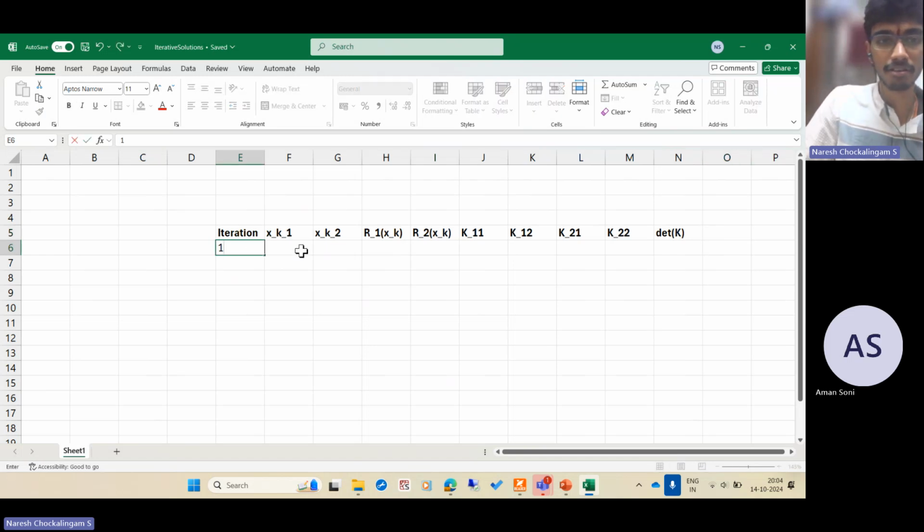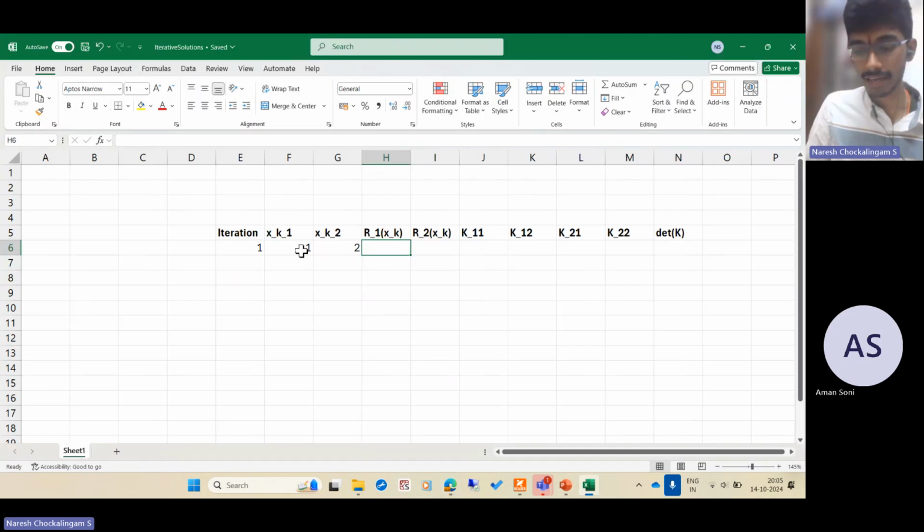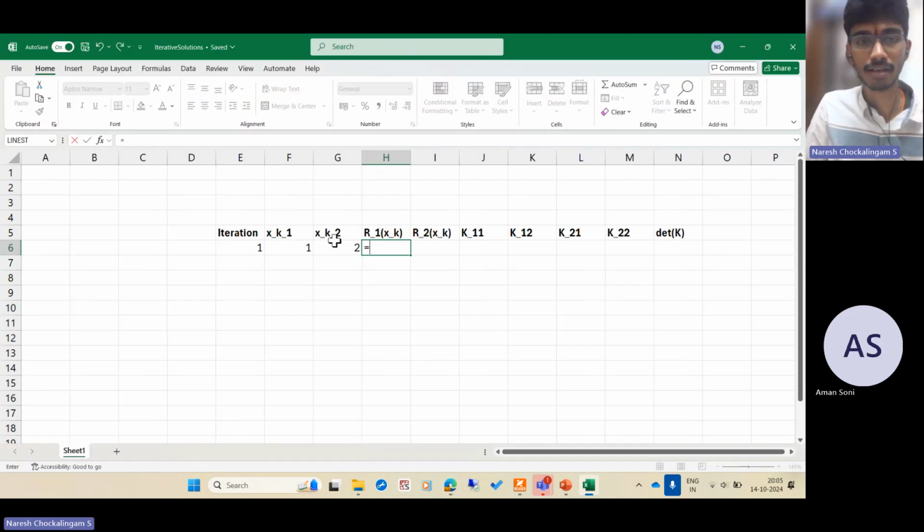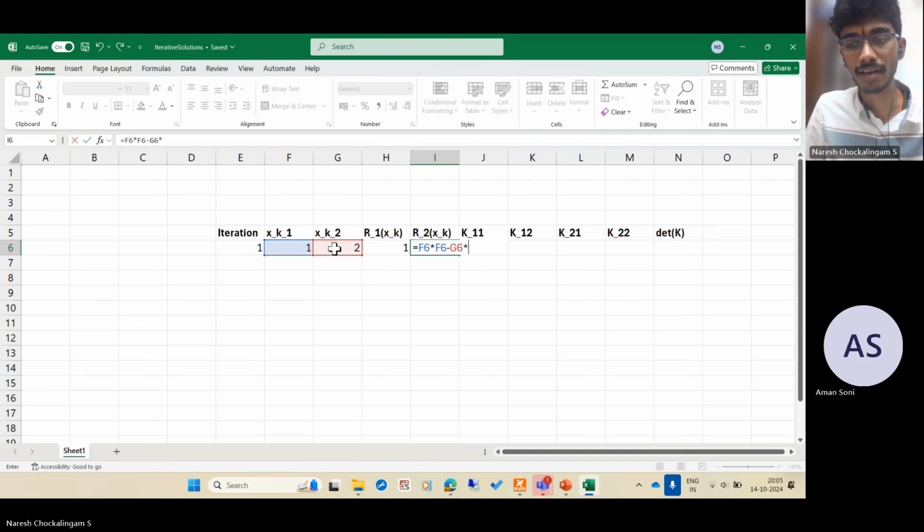So in the first iteration, your xk 1 and 2 are given as 1, 2, and r1 is computed as x1 square plus x2 square minus 4, and r2 is x1 square minus x2 square plus 1.